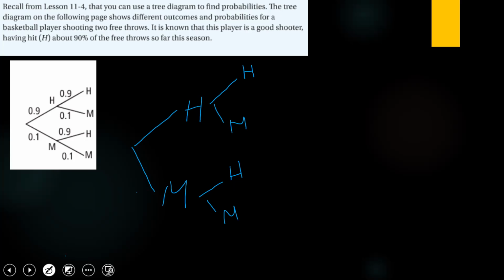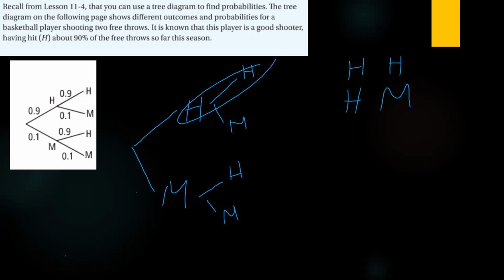It means he could hit the basketball 2 times, or he could hit and the second one he could miss it. He could miss the first one and hit the second one, and he could miss both of them. Look at them here now.